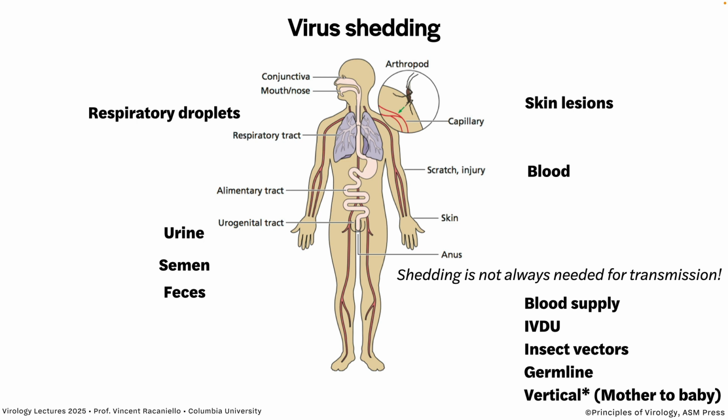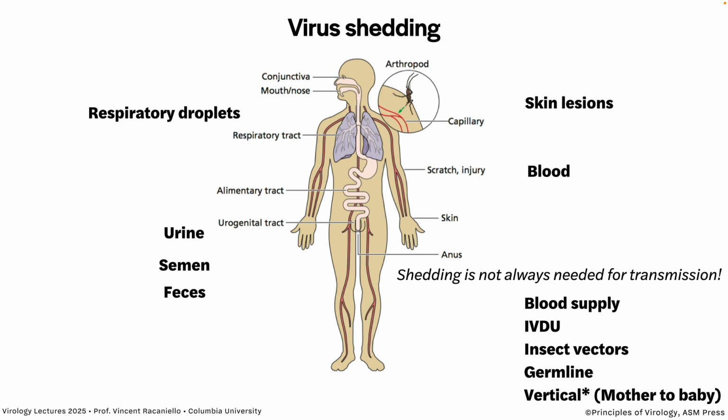Now, in many cases, virus shedding from the infected host is needed for transmission, right? In the form of respiratory droplets, skin lesions, blood. You can have a cut, and you're wrestling someone. Okay, that happens.